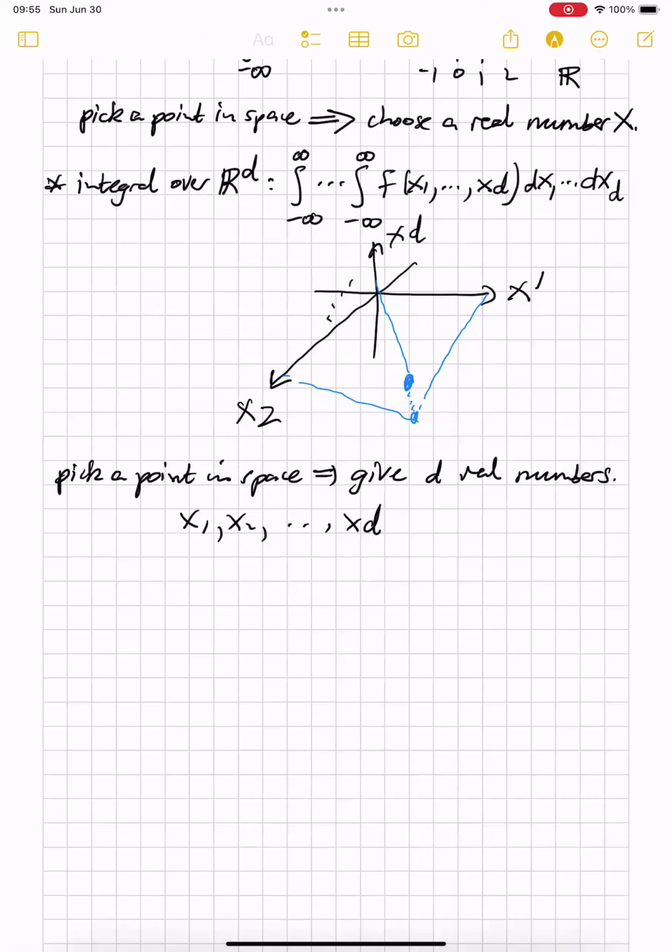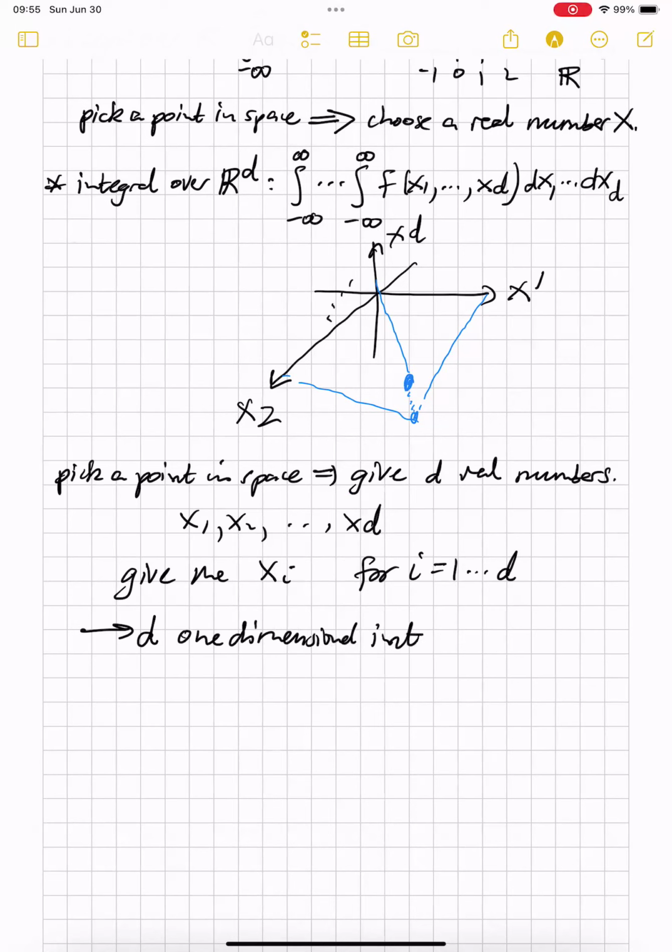Another way of saying it is you should give me xi for i from 1 to d. Good. And what you can see is this looks like we've just got d one-dimensional integrals. So that's great.